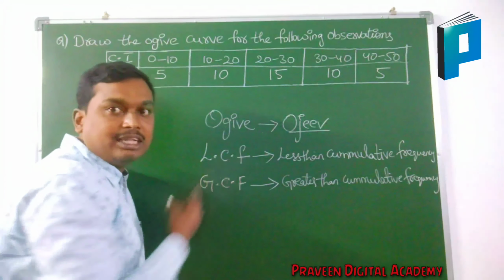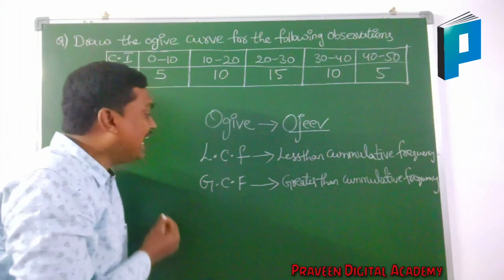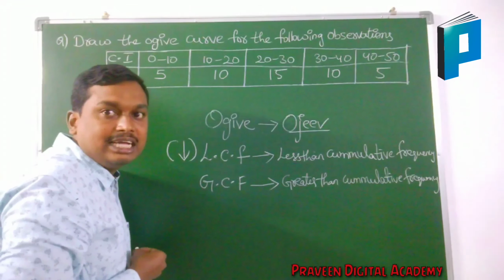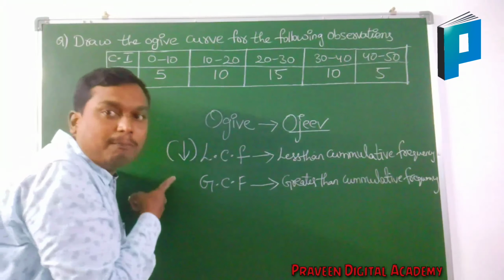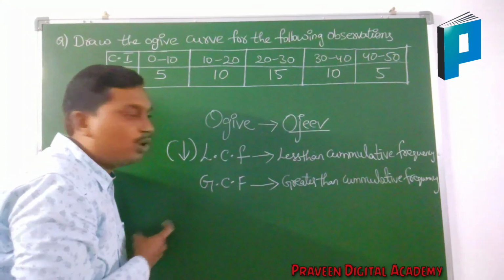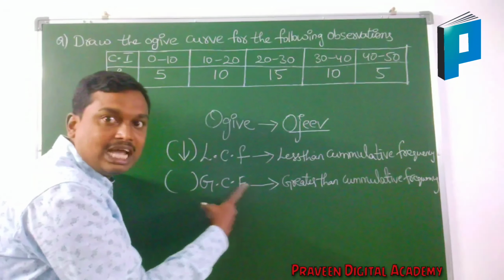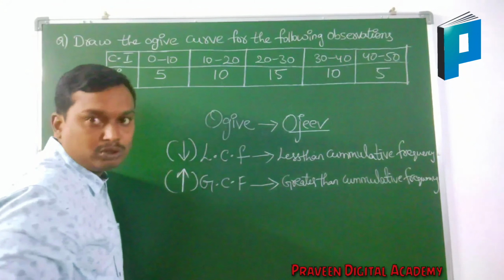Adding frequency from top to bottom is called LCF. We have to add the frequency from top to bottom; that we call LCF. And GCF is adding frequency from bottom to top.